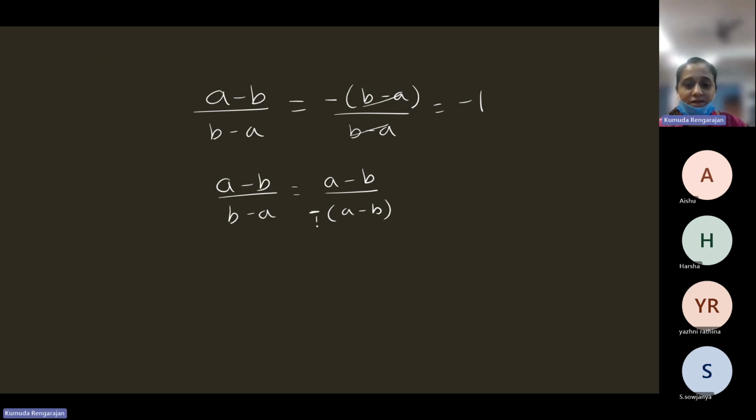Minus into plus a is minus a, and minus into minus b is plus b.